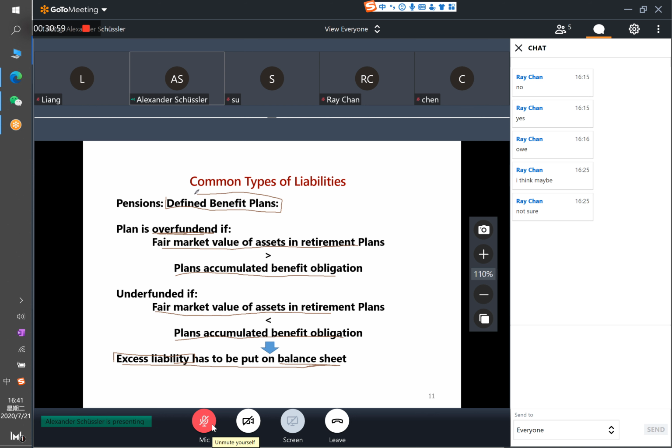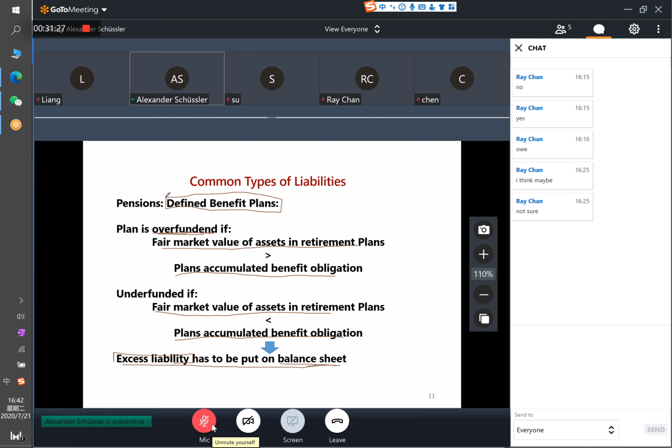Defined contribution plans, it's just an expense every year, and then there is no obligation for the company. With defined contribution plans, the employee itself can invest the money and choose whatever asset class he or she wants. But with defined benefit plans, it's the company which is responsible.